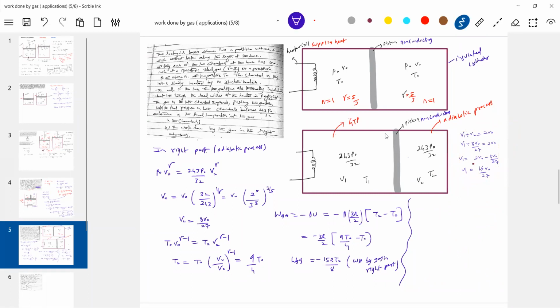Okay, now in the left part, P naught V naught T naught should be equal to 243 P naught by 32 times V1 by T1. So we know V1, and solving that we'll get T1.